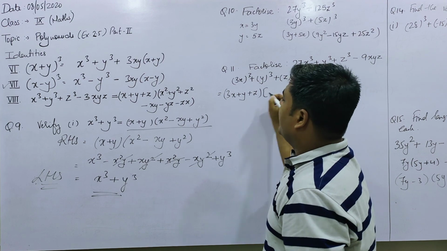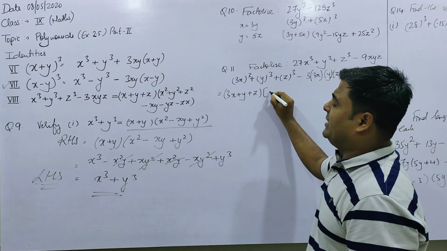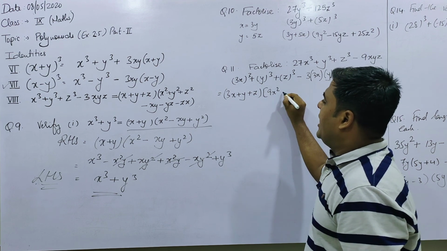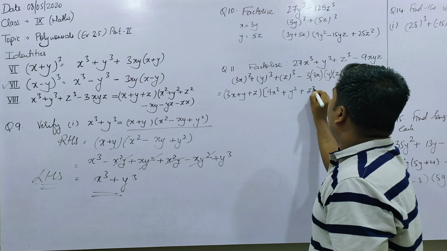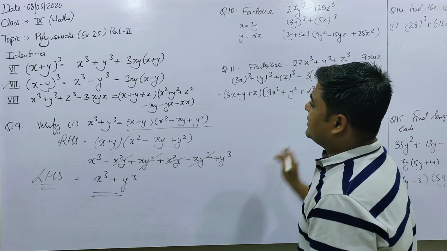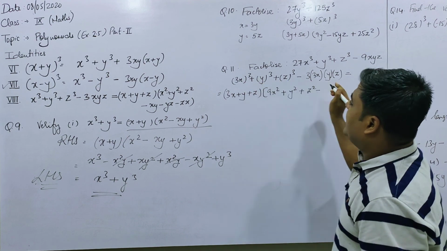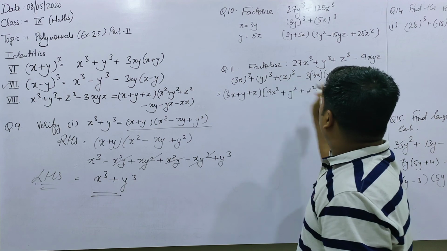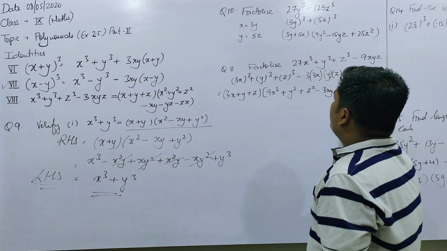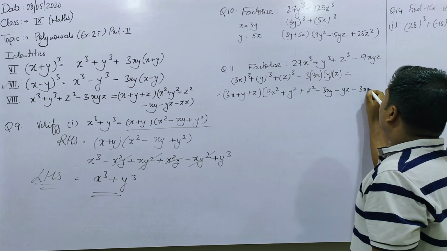Closing the bracket. Another one: x square is (3x) square, that is 9x square, plus y square is simply y square, plus z square is also simply z square, minus x into y, 3x into y, that is 3xy, minus yz, that is yz, minus zx is 3x into z, 3xz.